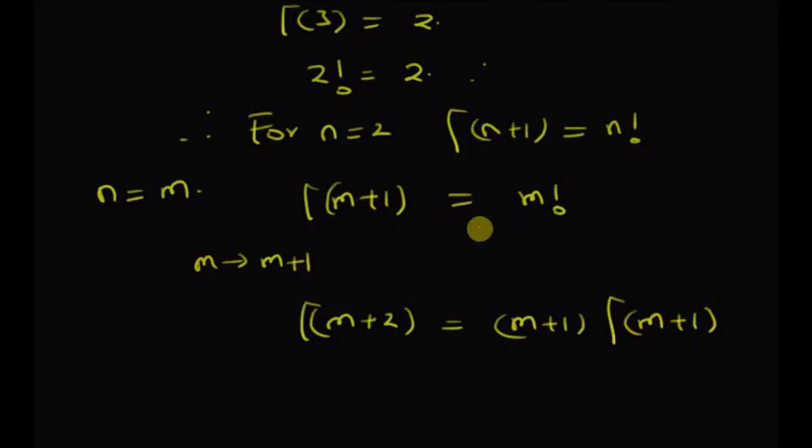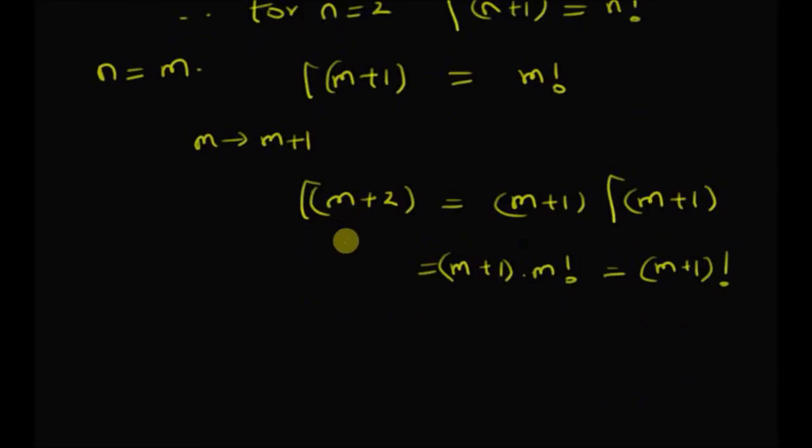And by using this result, we replace gamma of m plus 1 with m factorial. So this is m plus 1 multiplied by m factorial, and the result is m plus 1 factorial.